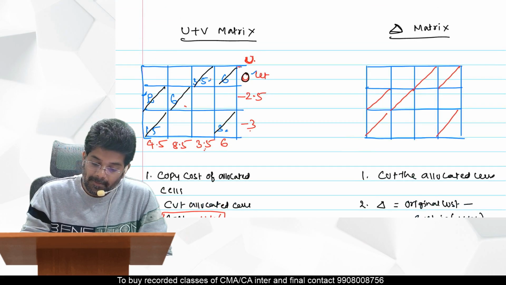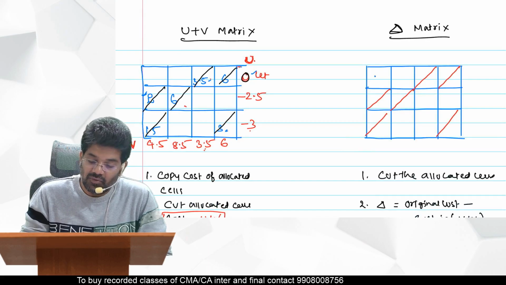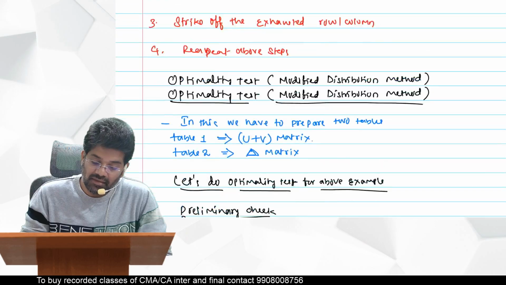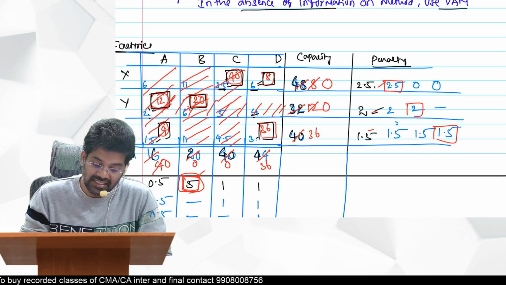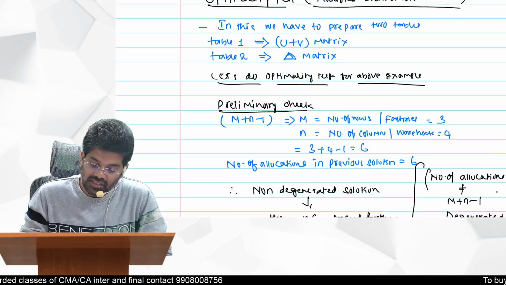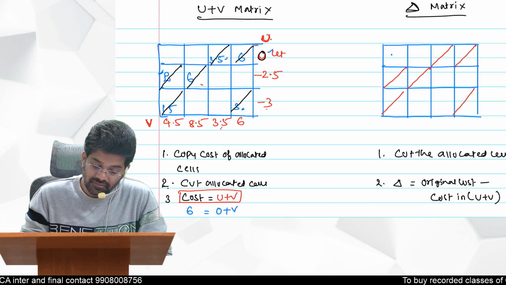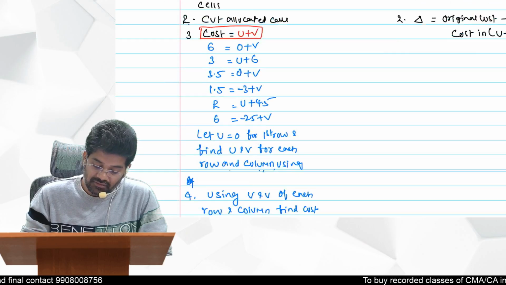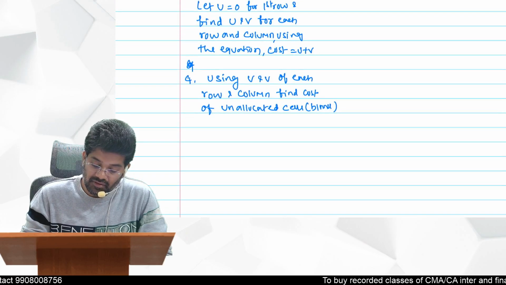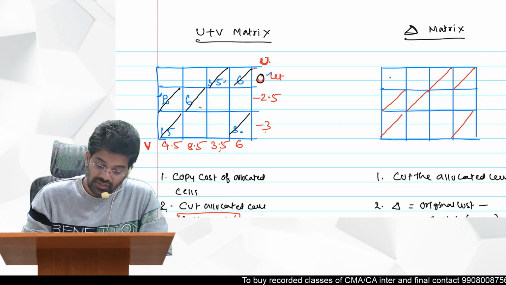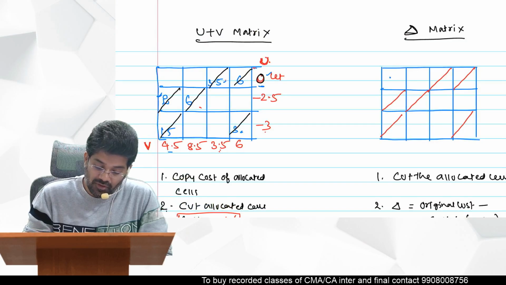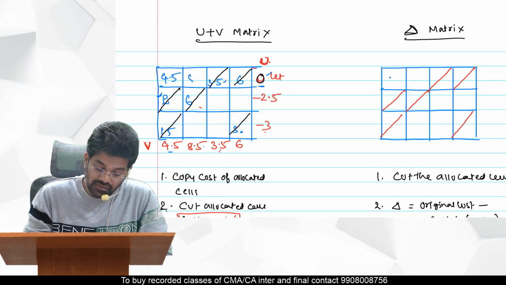So in this first blank cell, what is the original cost you have? Go to the table now. 6. 6 minus what is the u plus v value we got here? Oh, we did not calculate that yet. We have to calculate the u plus v cost for the unallocated cells. So 0 plus 4.5 will be 4.5. 0 plus 8.5 will be 8.5.